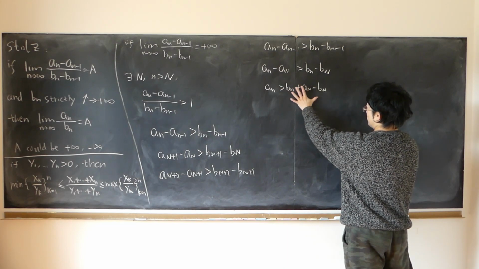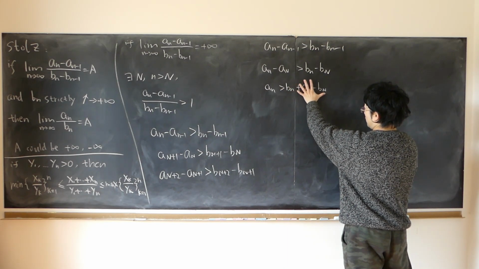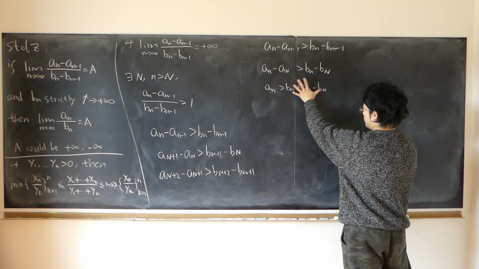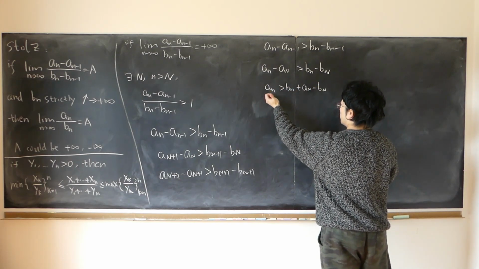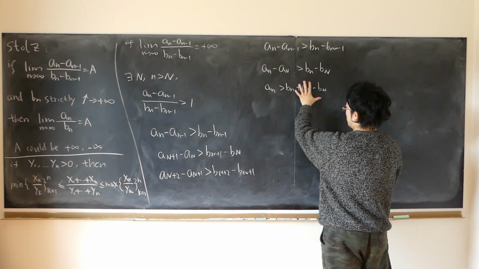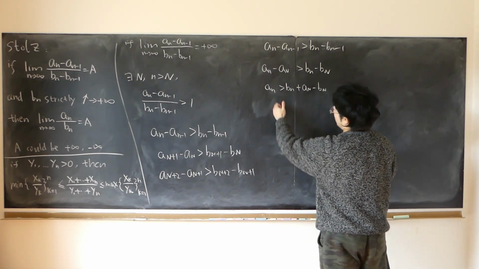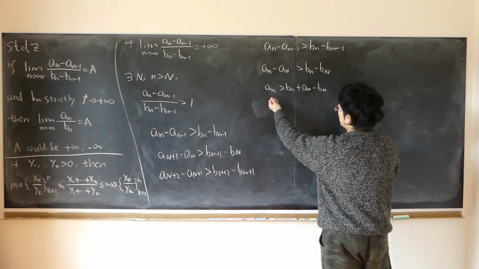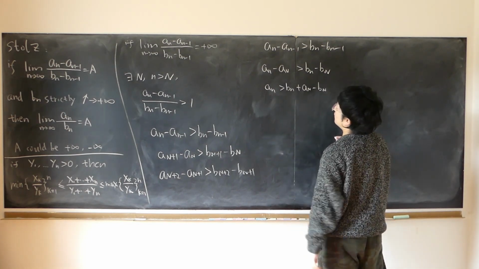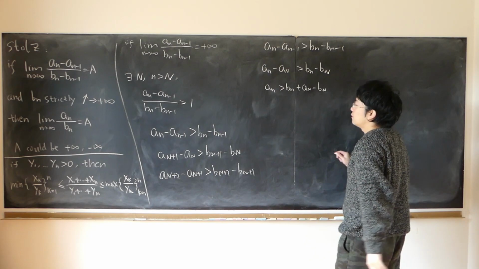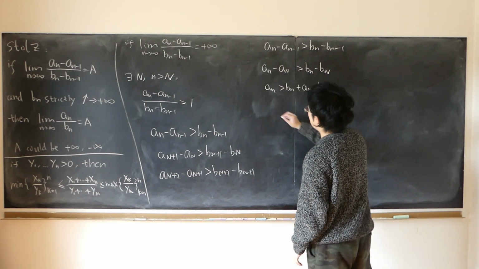Of course, it approaches positive infinity. And since this is already positive infinity, how about an? An is bigger than positive infinity when little n is large enough. So in other words, an is really positive infinity as n approaches infinity.